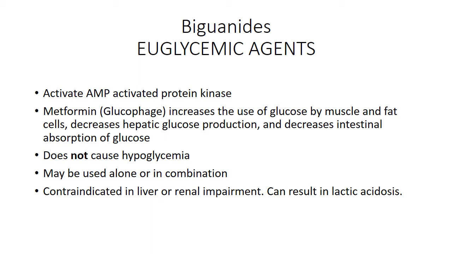Metformin increases the use of glucose by the muscle and the fat cells. Number 2, it decreases the hepatic glucose production, and number 3, it decreases the intestinal absorption of glucose. So by these three mechanisms, metformin decreases the blood glucose level.